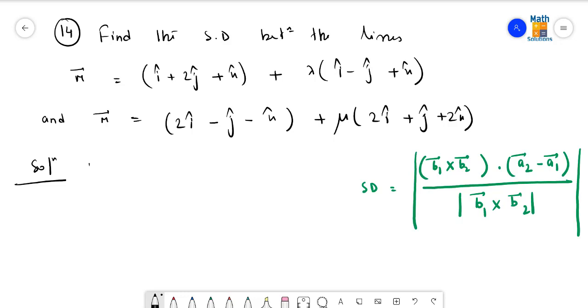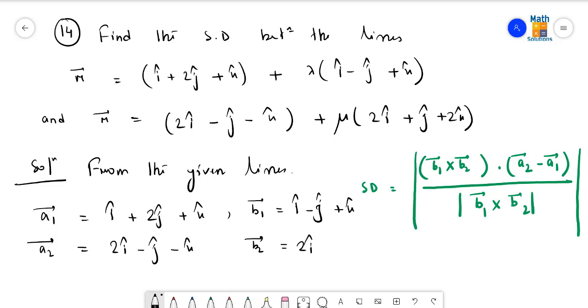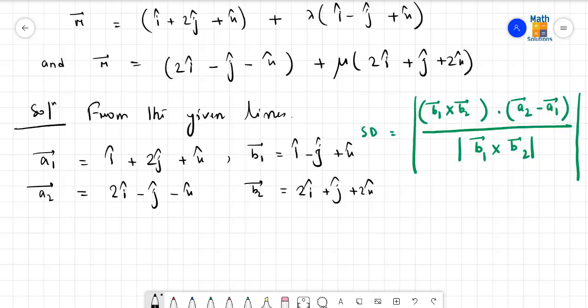So from the given lines, vector a1 is equal to i cap plus 2j cap plus k cap. Then a2 we shall be getting as 2i cap minus j cap minus k cap. Similarly, vector b1 is equal to i cap minus j cap plus k cap. Then vector b2 we shall get as 2i cap plus j cap plus 2k cap.